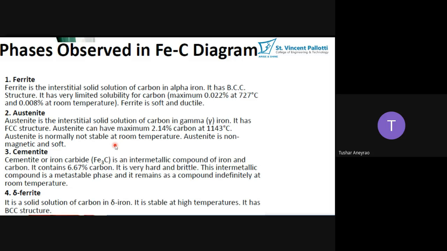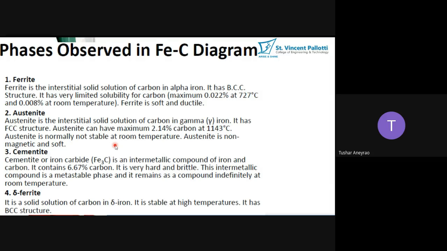Sometimes retained austenite is present at room temperature also, and that particular type of steel is called pre-stressed steel, and we have to relieve the internal stresses by removing the austenite and converting it into some other phase, that is cementite, ferrite, okay, like that.